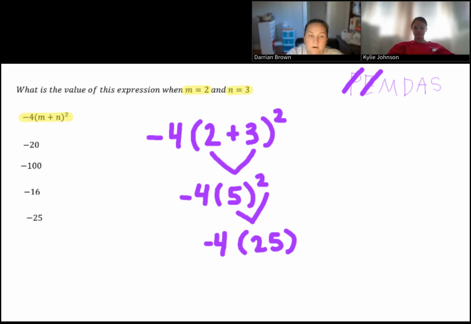And when we have a number outside of the parentheses, that is multiplication. So the last thing to do is multiply -4 times 25. We have a negative times a positive. Is that going to give us a negative or a positive answer? Negative, very good. And then 4 times 25 is what?